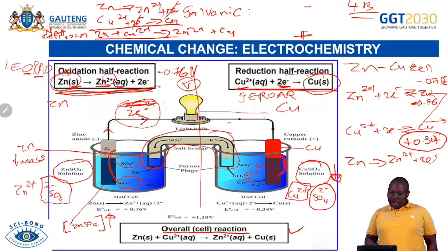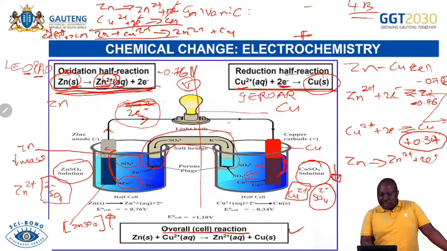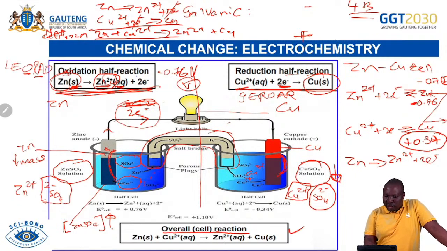And then when the electrons are leaving, they are leaving zinc 2+, which is positively charged. So it means as the solution increases, even the positive charges are increasing on this side of the solution. Now, in the salt bridge, we have a salt. In this case, it was potassium sulfate, K2SO4.